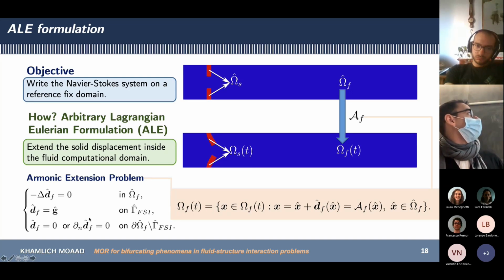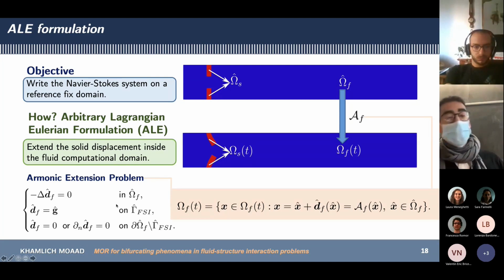Afterwards, since we need to do the pullback inside the fluid domain, one needs to extend this fictitious displacement inside the fluid domain. There are a lot of choices concerning this, but what we've done was to extend it in a harmonic fashion.